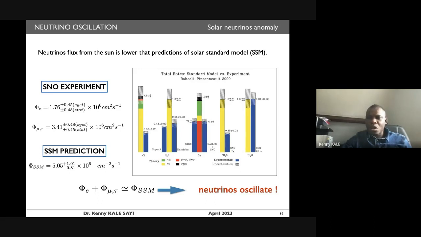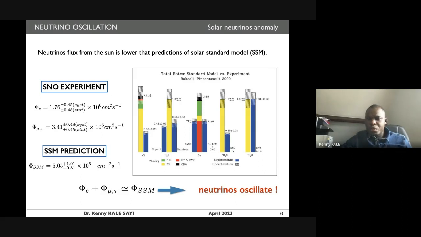If you take the sun, the sun is a star, okay? And as you know, in the stars, you have the fusion reactions, the nuclear reactions inside of the star, and they produce electron neutrinos, okay? The sun only produces electron neutrinos.